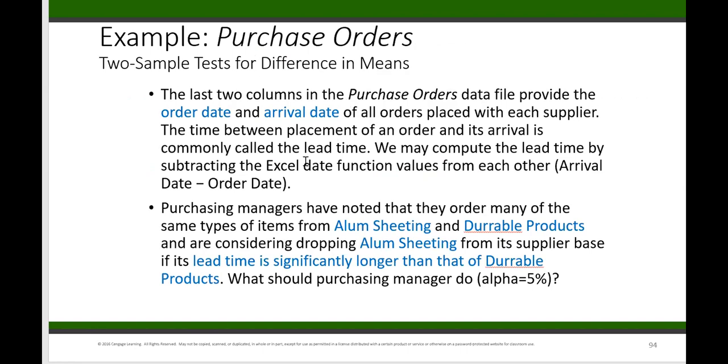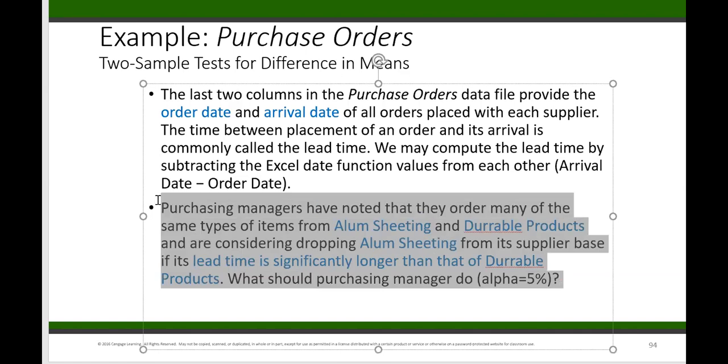In this specific example, we are comparing the lead time of two suppliers, and we want to see if the lead time of one of them, aluminum sheeting, is significantly longer than the lead time of durable product. If that is the case, we can drop aluminum sheeting from our supplier list. Alpha would be 5%, so we want to run this test.